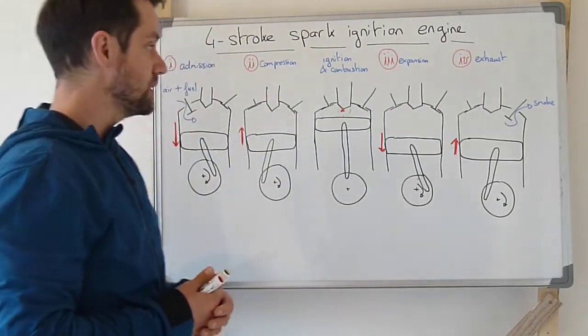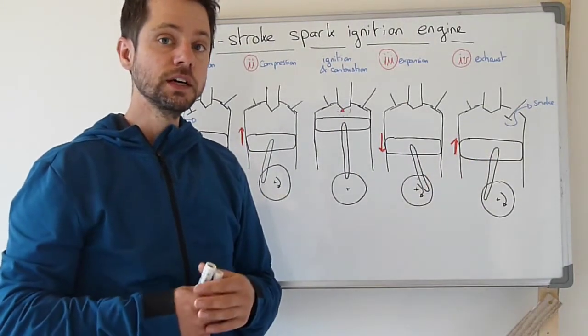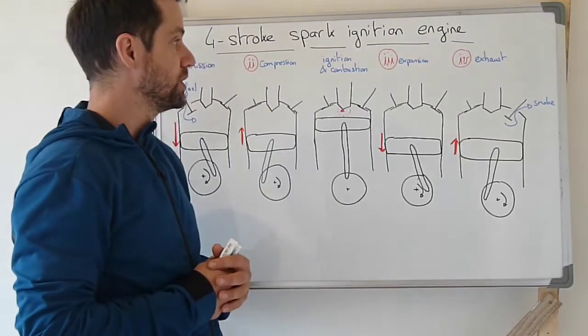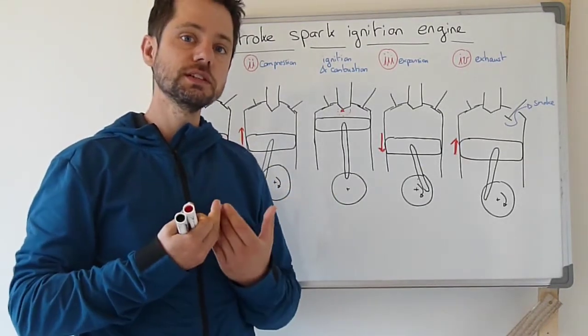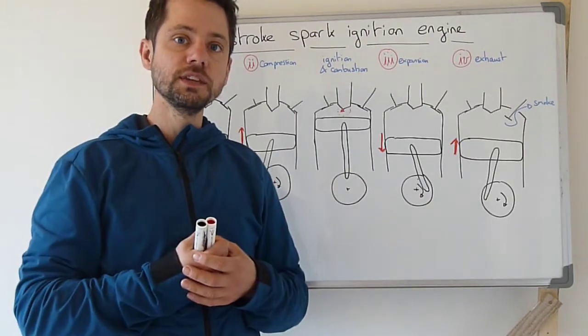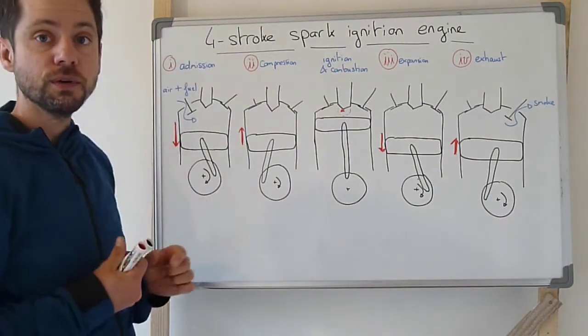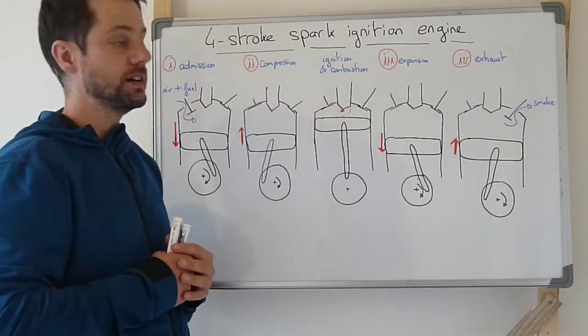So let's present the different steps we have during this cycle. So it's a cycle, so the things are repeating after each other. We need to start somewhere, so I suggest we start from the beginning of the admission stroke. As we have said before, we have four strokes that will take place after each other.